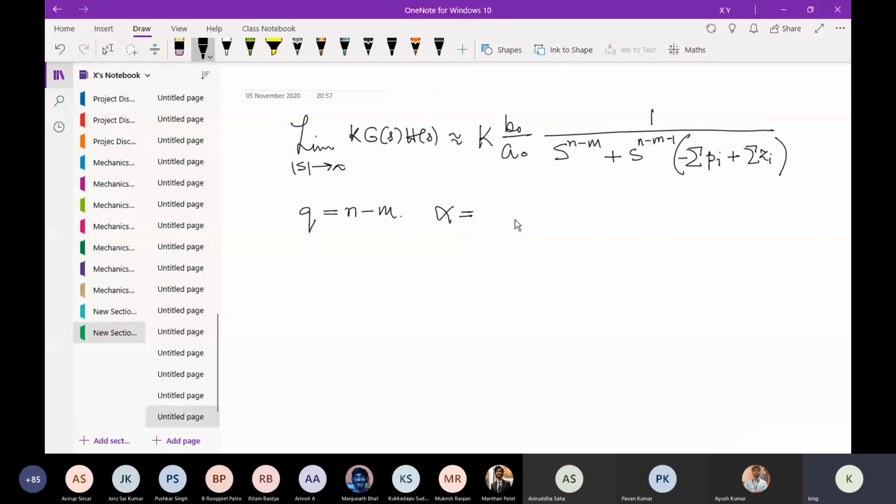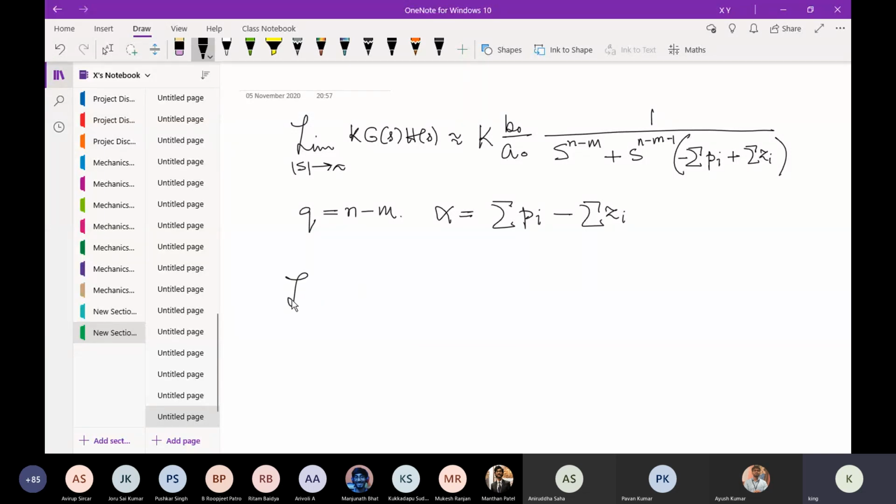and alpha we write as, of course the range of I is different, but it's essentially the sum of the poles minus sum of the zeros.